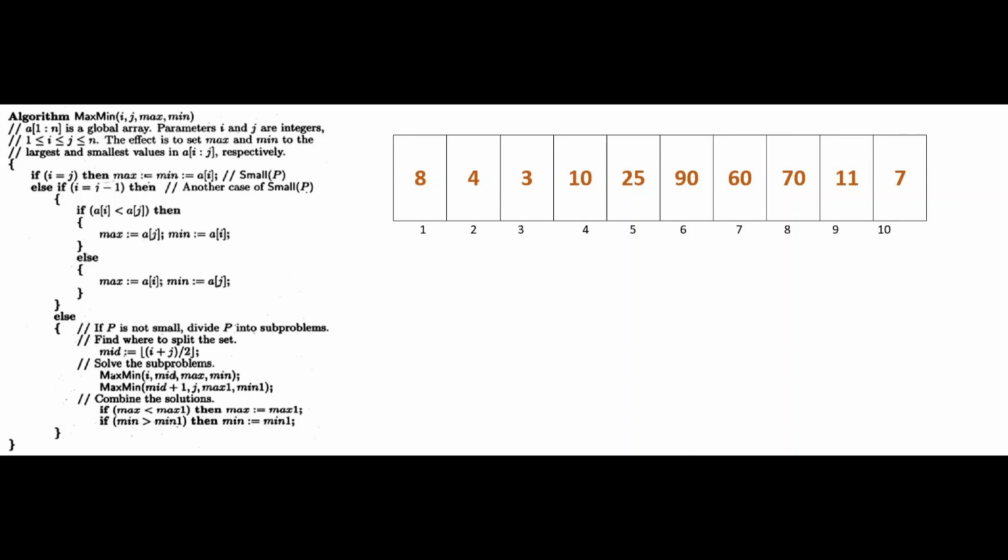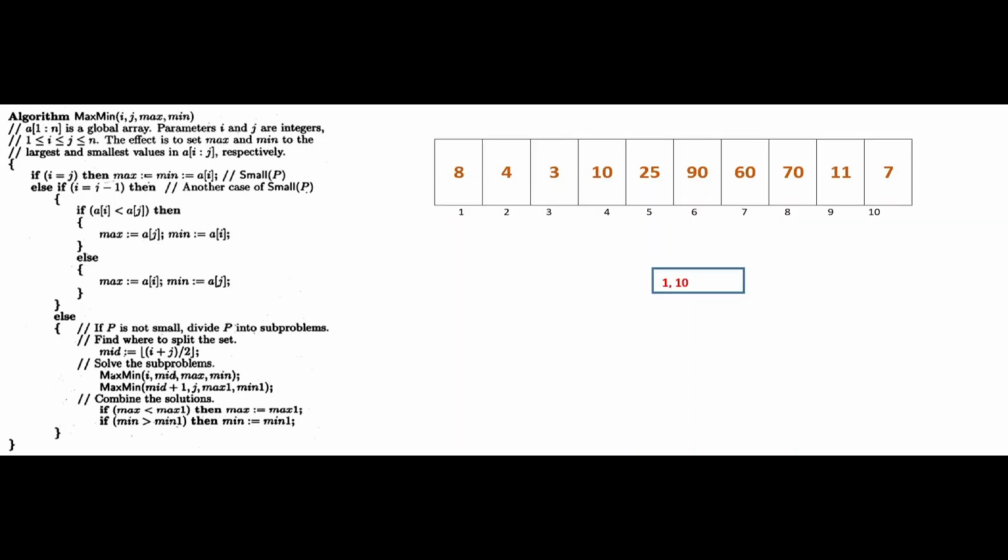If there is only one element, or two elements, then we can say the problem is small. But here there are 10 elements, so the problem is a large problem. So we have to go to the second else part. Here P is not small, so we have to divide P into subproblems.